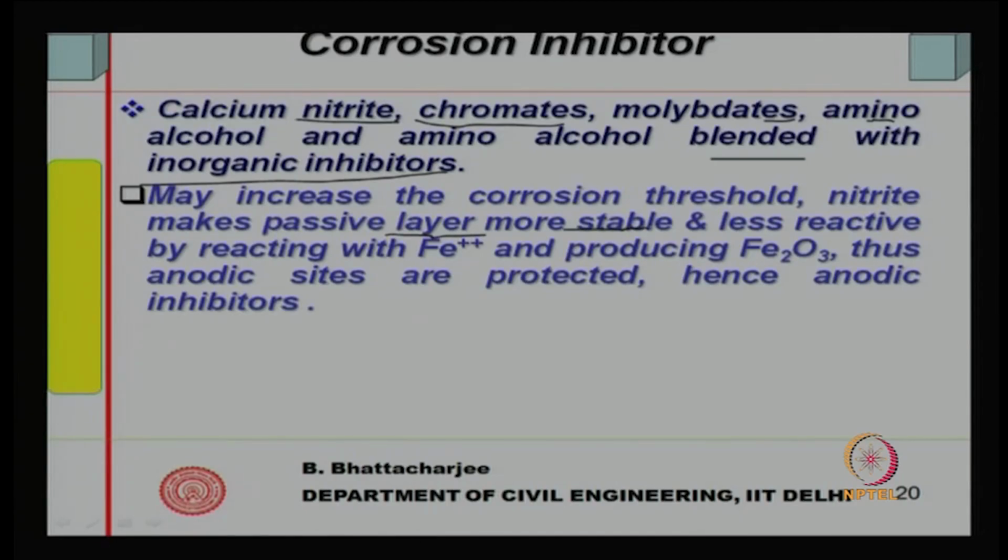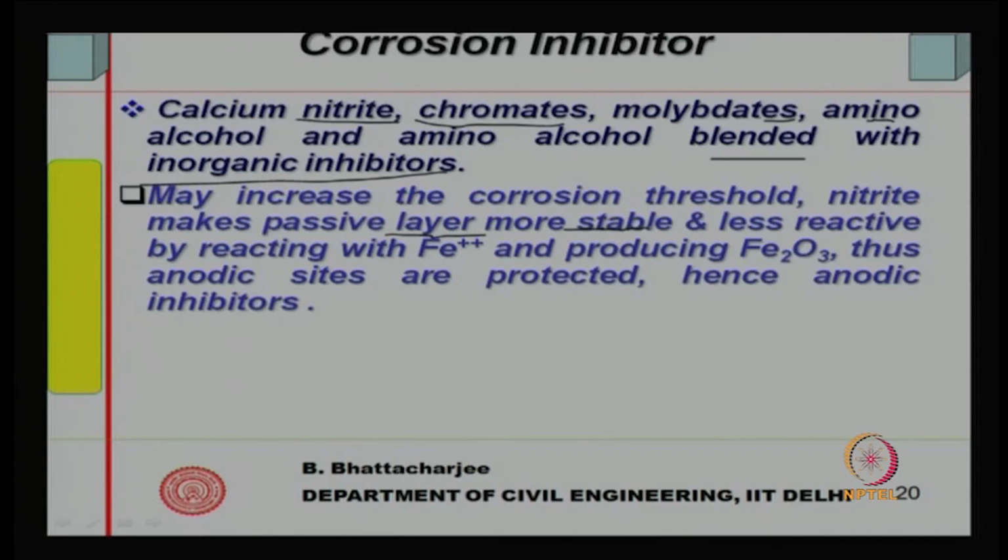more stable. Now, a passive layer is the oxide coating over iron or rebar, which protects the steel, because iron is not a stable thing, it will get oxidized. But if it does not get oxidized at a very fast rate or to a dangerous product, then it is tolerable.